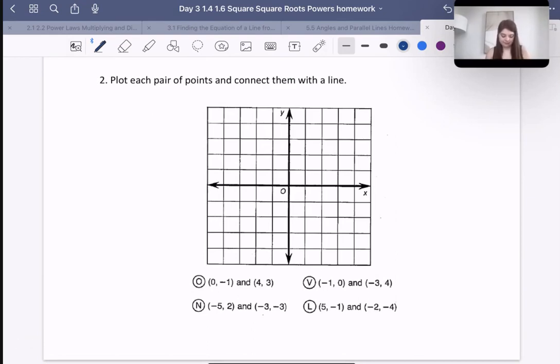Okay. All right, so let's do O. Let's do O in navy blue. Okay. Oh, and I guess I should also label this graph. This is 1, 2, 3, 4.